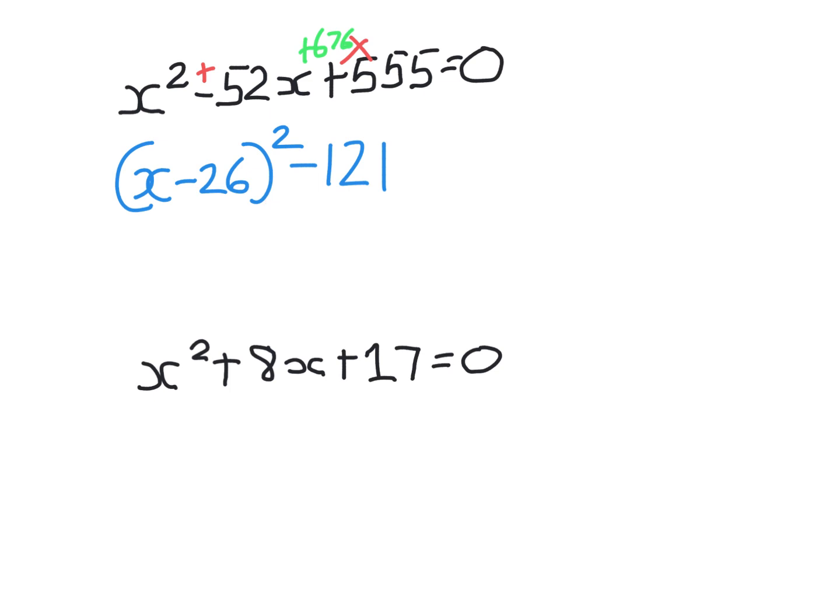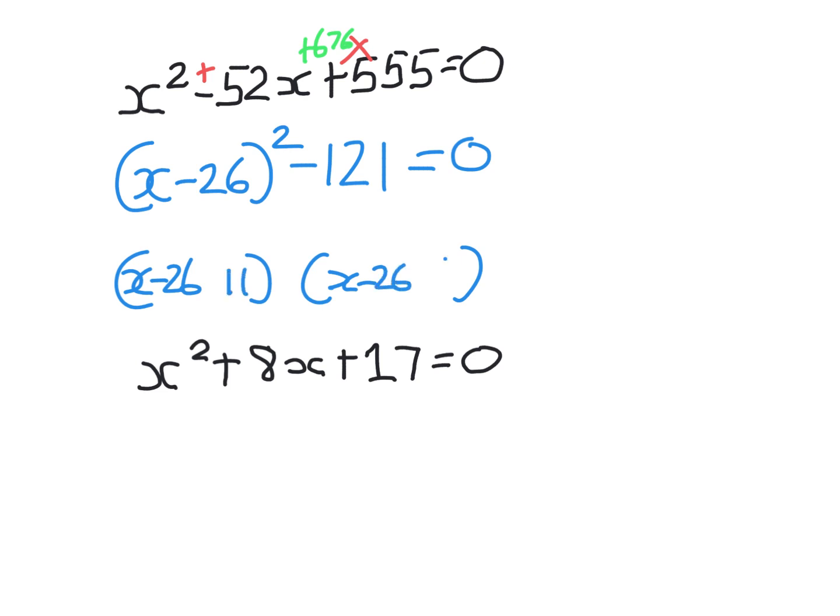If you expand this and subtract 121, you will get that. So that helps us. Now I can use difference of two squares to factorize further. Difference of two squares, you square root the first thing and then you square root the second thing. So square root of 121 is 11. One bracket gets a plus, one gets a minus. So of course, negative 26 plus 11 is negative 15. So it's going to be x minus 15. The other bracket is x minus 37.